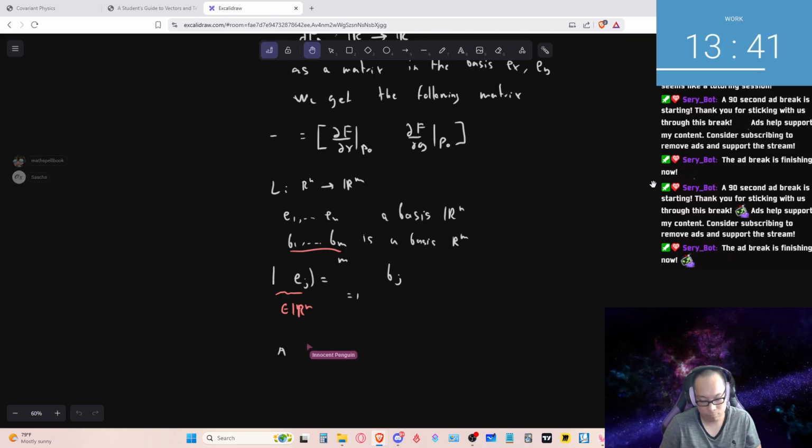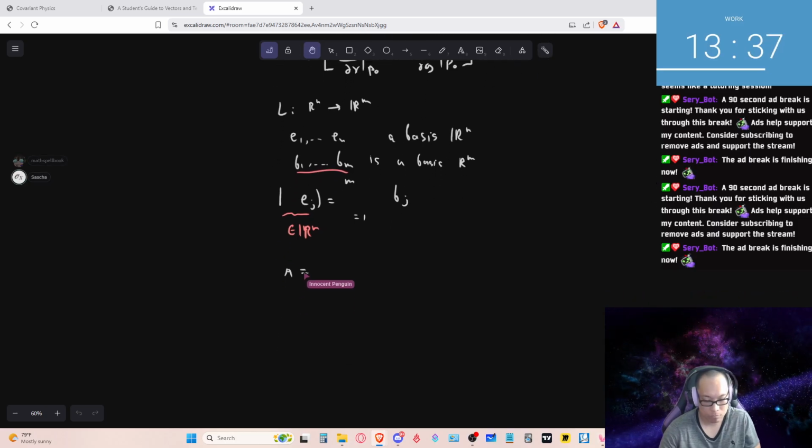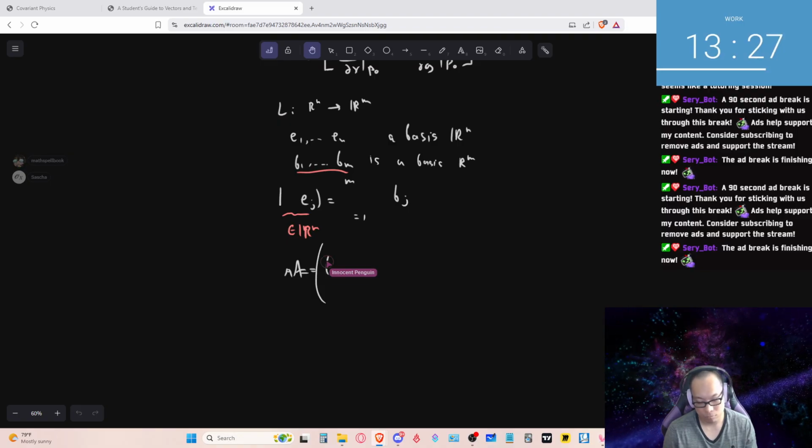Maybe I will write it down and see if I write it right. If you take those coefficients, you will get a matrix. Let's call it A, where the entries are Aij.